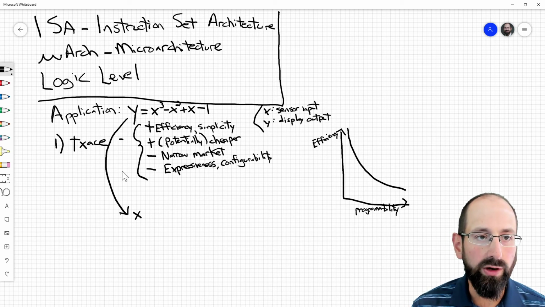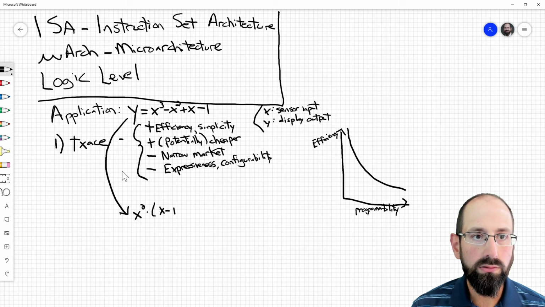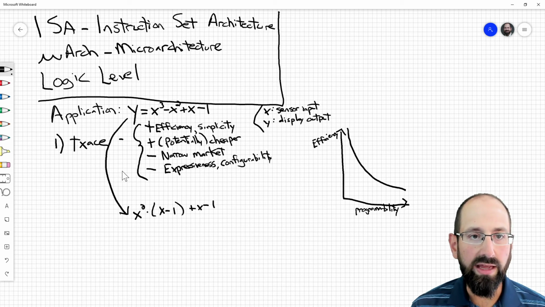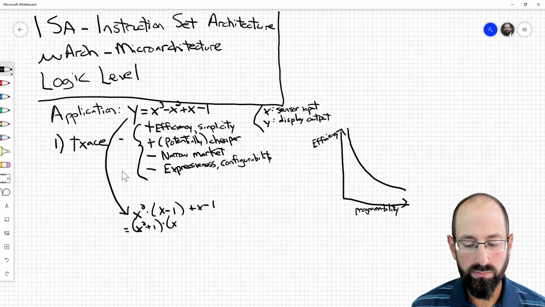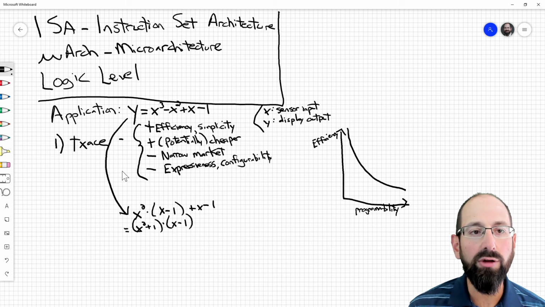If we factor out x squared here, then we get x minus 1 plus x minus 1. And then we have that common term there. So we can get that whole expression equal to x squared plus 1 times x minus 1, right? x minus 1, x minus 1, we factored that out there.